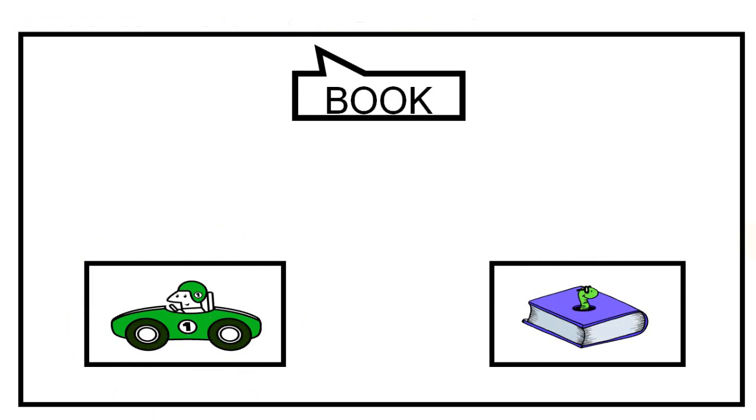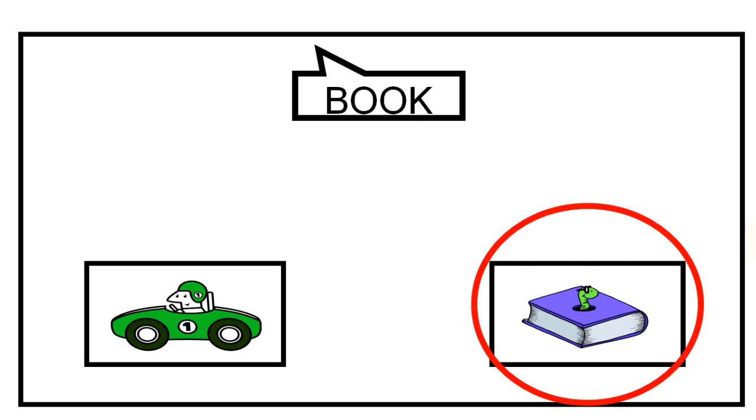Then, in the same way, in a different trial, we would have the sound corresponding to the word book, and only the selection of the picture of the book would be reinforced. If the child chose the image with the car upon hearing the word book, this response would go unreinforced.